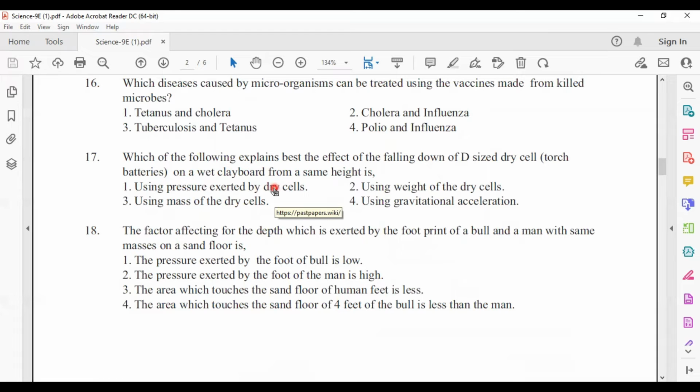So this depth depends on the pressure exerted by each cell on the clay board. We have to use the factor pressure to explain this.